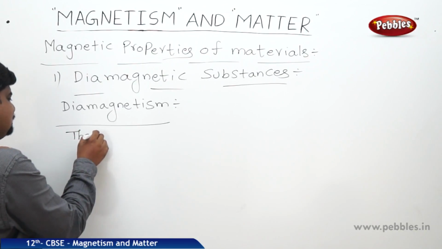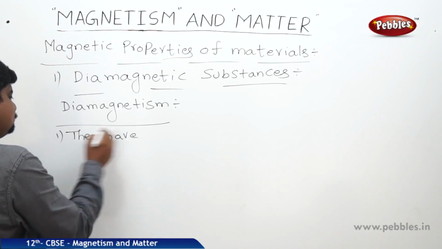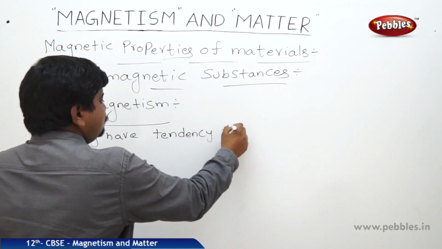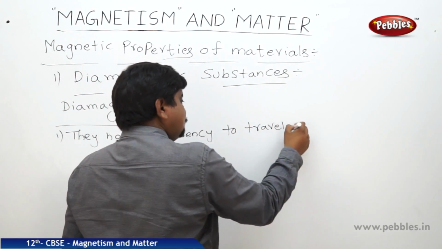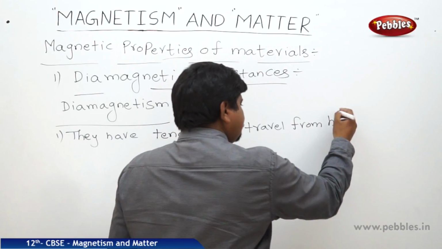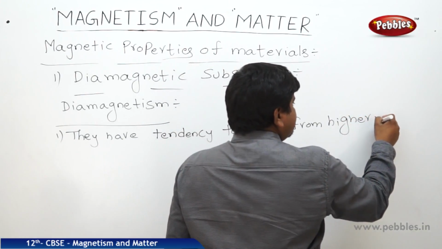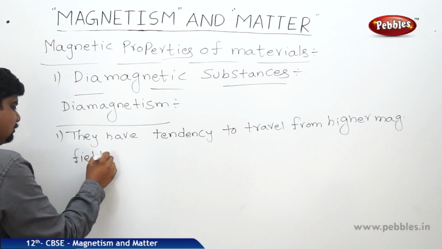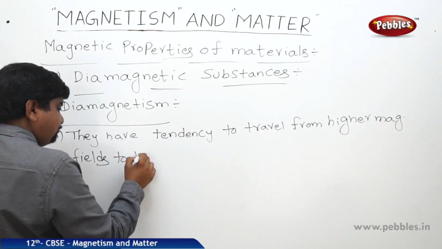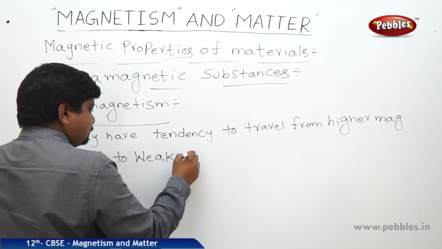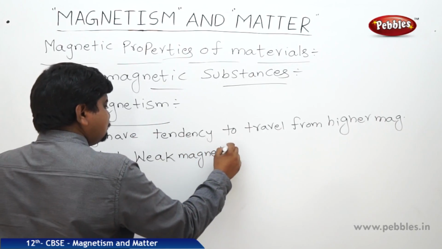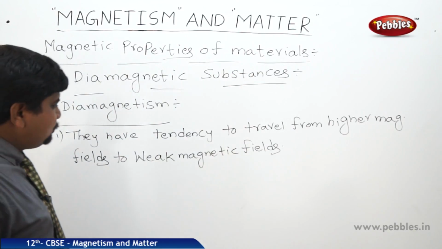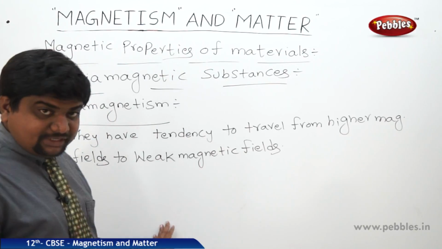They have the tendency to travel from higher magnetic fields to low or weak magnetic fields.